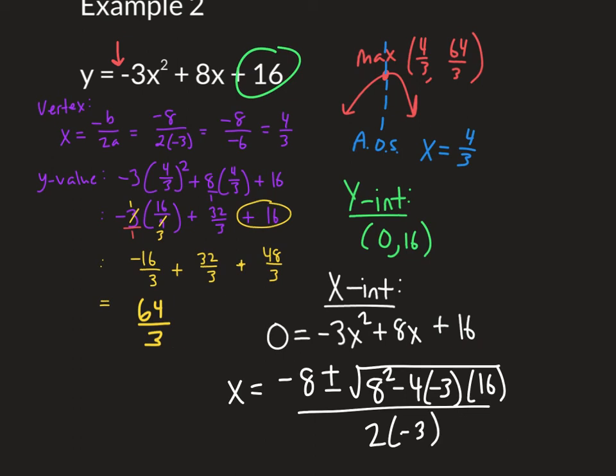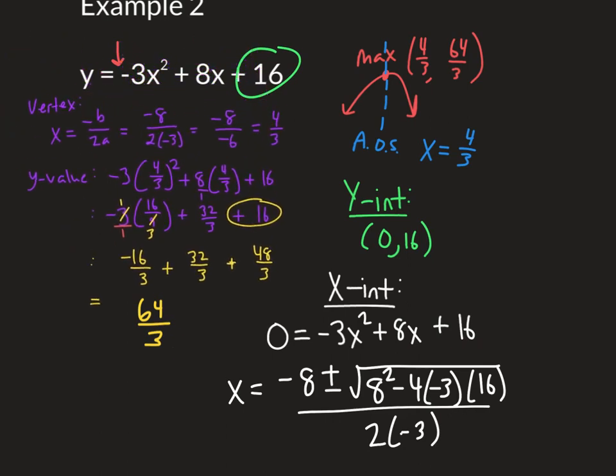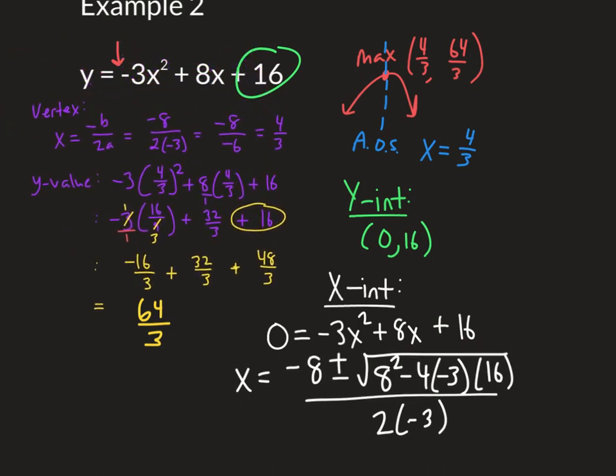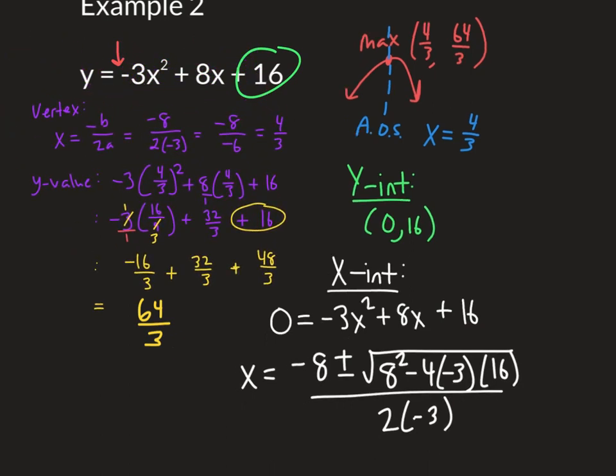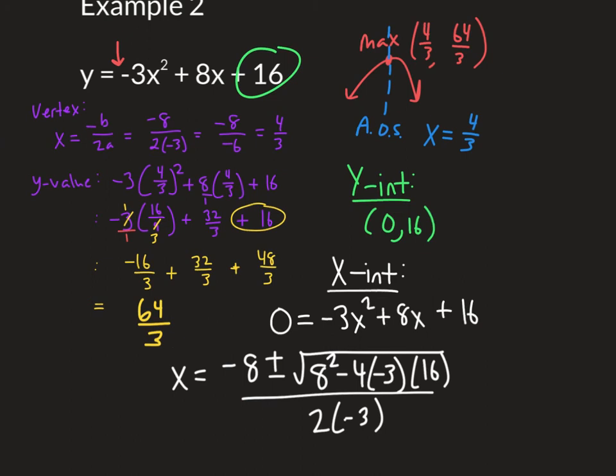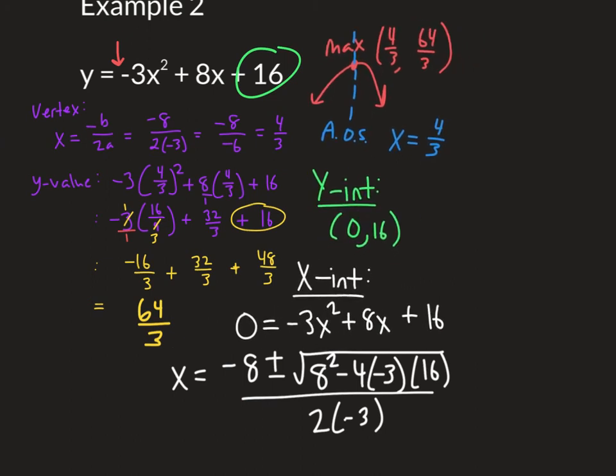All right, and we need to do some simplification. Okay, so let's see what we got. Try and move some of this stuff out of the way. All right, so when we start to simplify this stuff, we are getting the -8 plus and minus the square root.